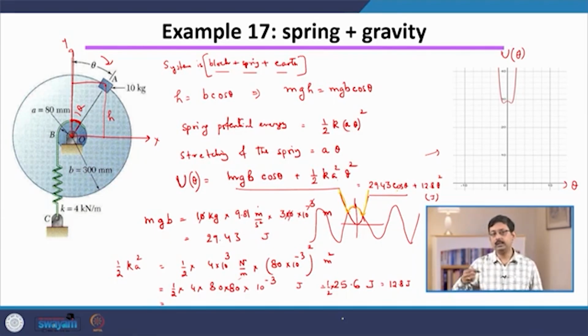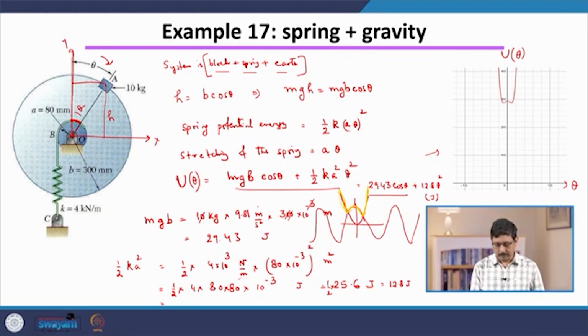But as you increase theta larger and larger, the cos theta can never become bigger than 29.43, but the second term does not have any restriction. So, for large theta, the spring term is going to be the dominating term.